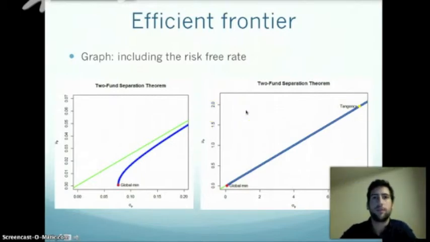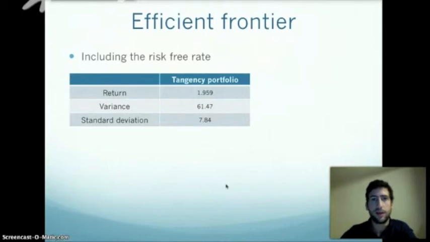The intersection point between the efficient frontier and the CML gives us the tangency portfolio. This portfolio is relatively risky, but gives also an important return comparatively to the GMV. On this slide, we have the value of its return, its variance, and its standard deviation.